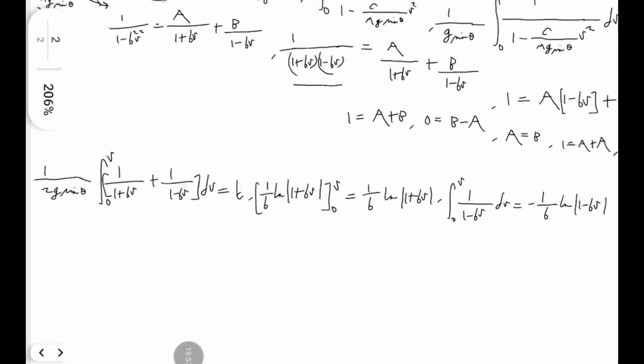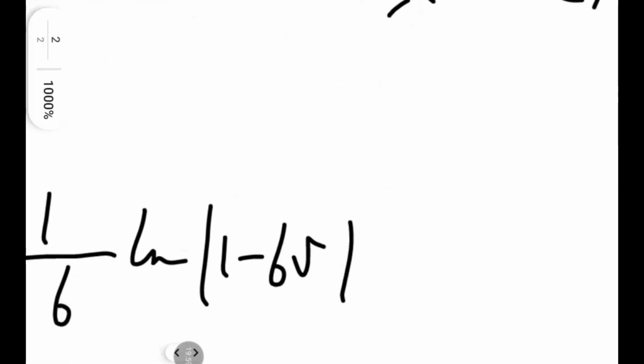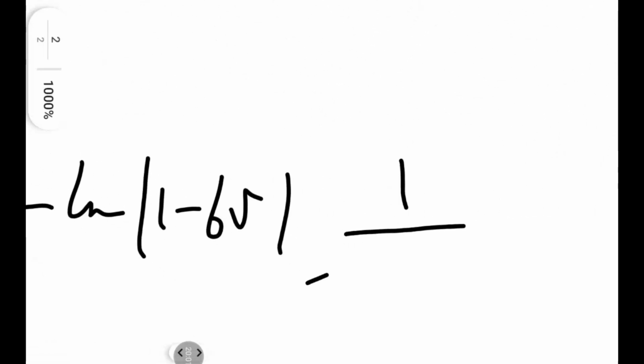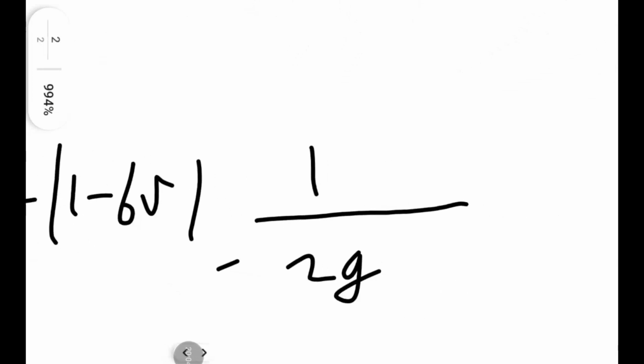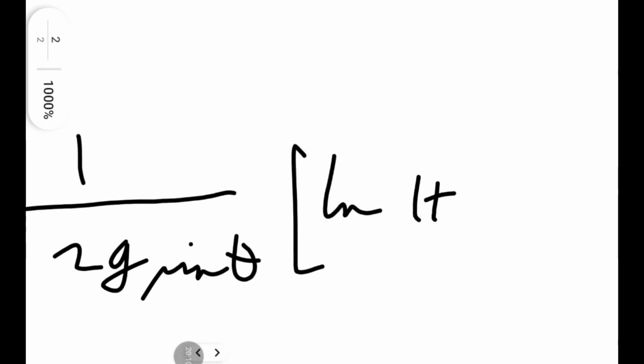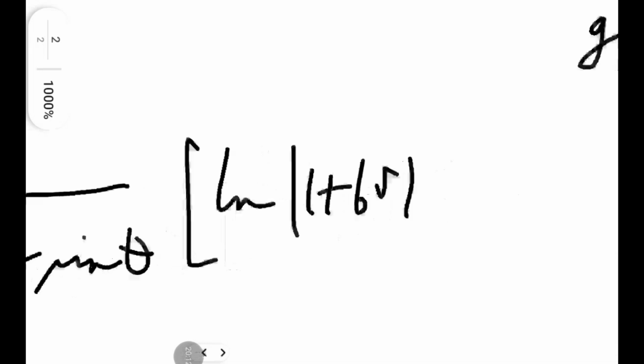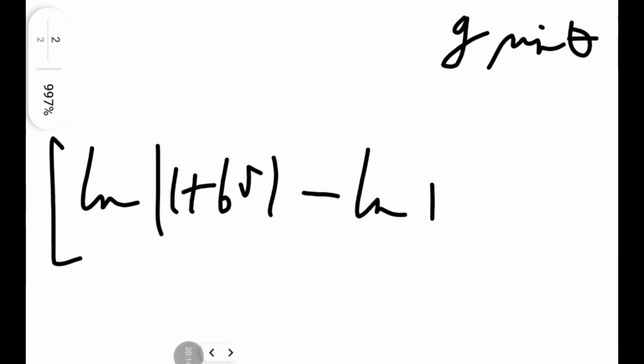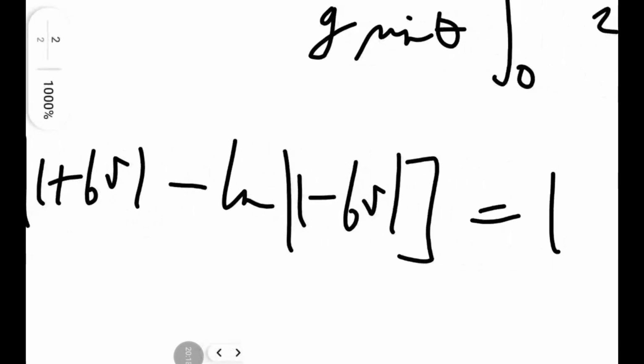So the final format is going to be 1 over 2g sine of theta, and then in the brackets ln of 1 plus bv minus ln of 1 minus bv, like that, is equal to t.